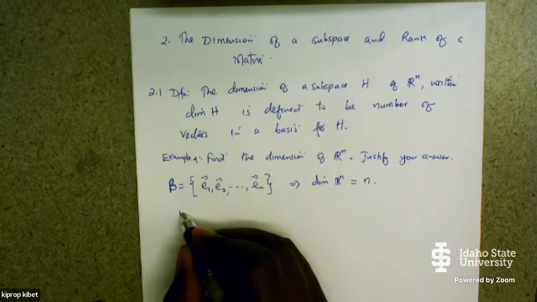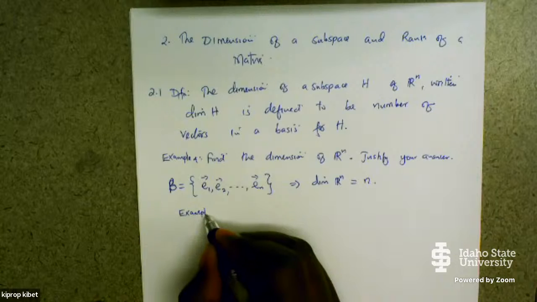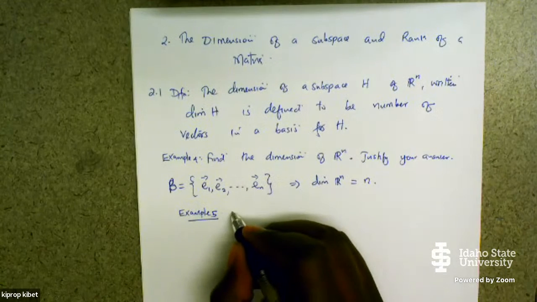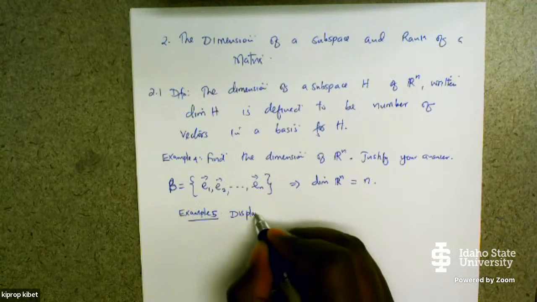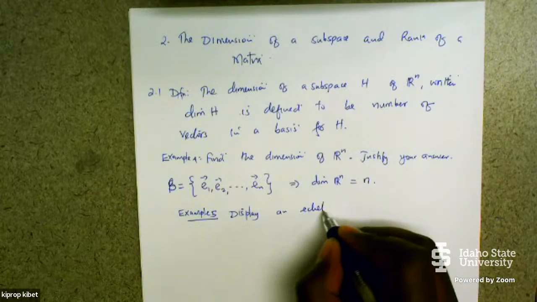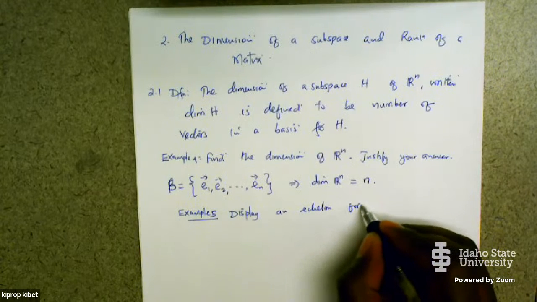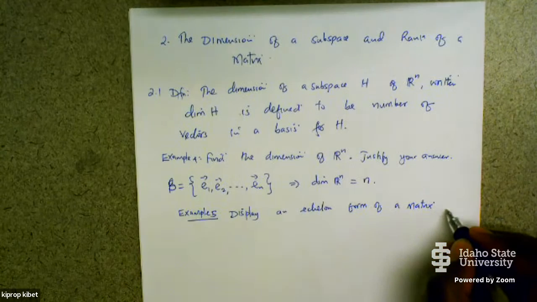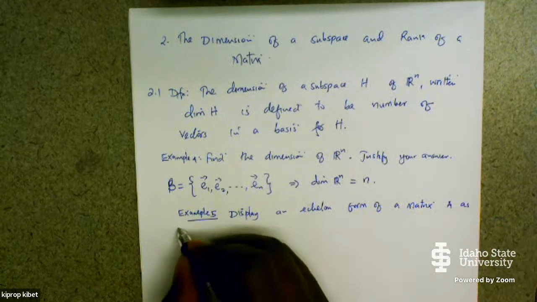Example number 5. This example displays an echelon form of a matrix A as follows.